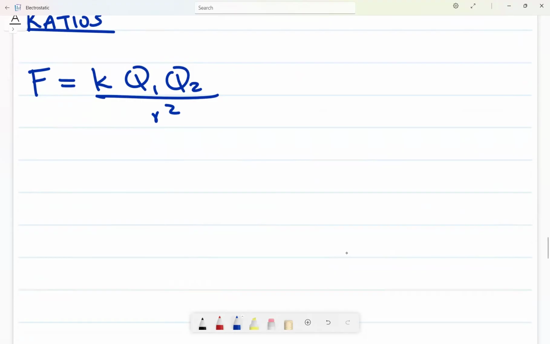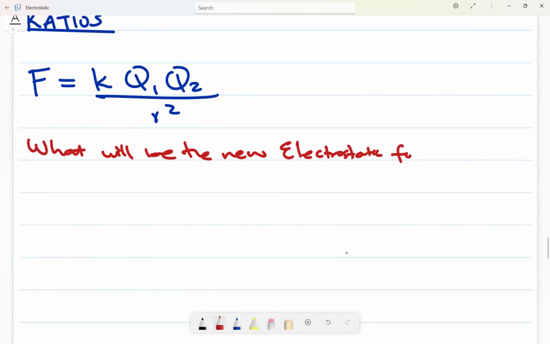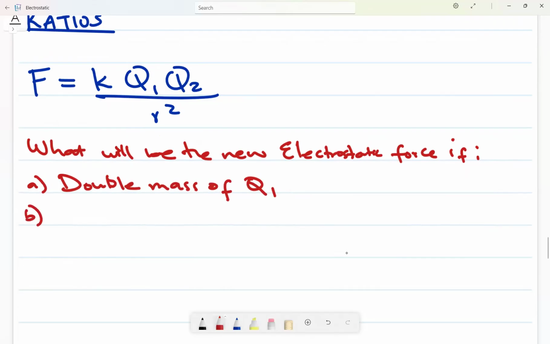Let me start by saying, what will be the new electrostatic force if, first condition, double the charge Q1? The second one, double the radius.